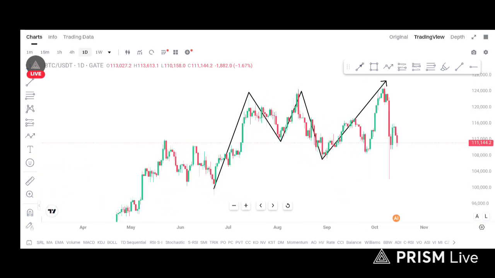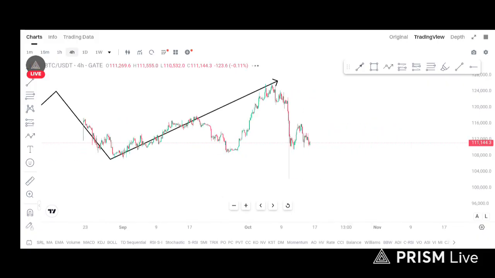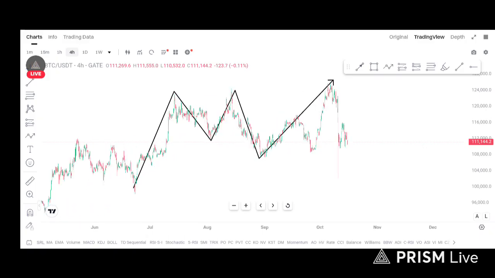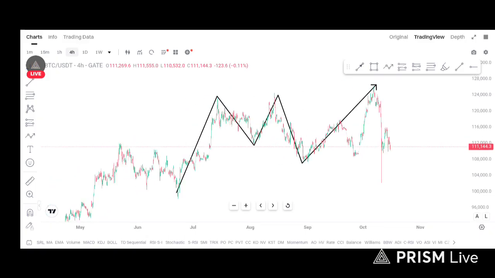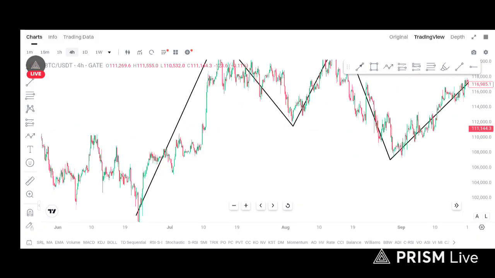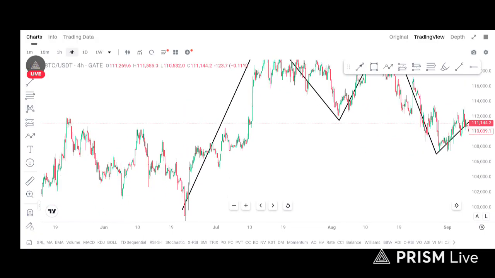Now let's go to the daily time frame. Sorry, the 4-hour time frame, to mark out these moves and know when it was over and all that. So here we have an uptrend.